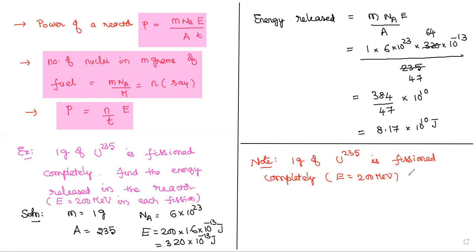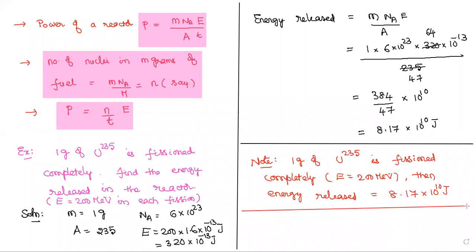Then the shortcut is that the energy released is equal to 8.17 into 10 to the power of 10 joules. You can use it under the conditions: mass is 1 gram, energy is 200 MeV, and the element is only 235, not 233.